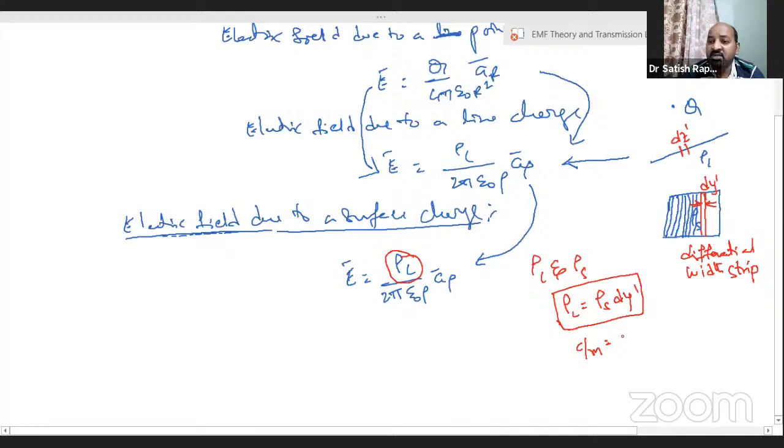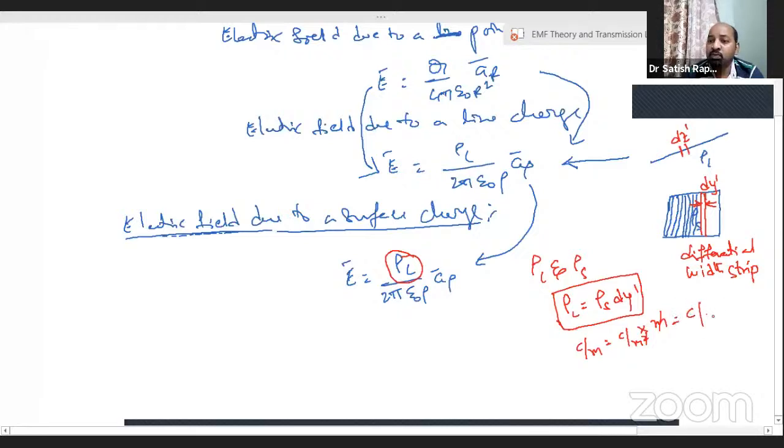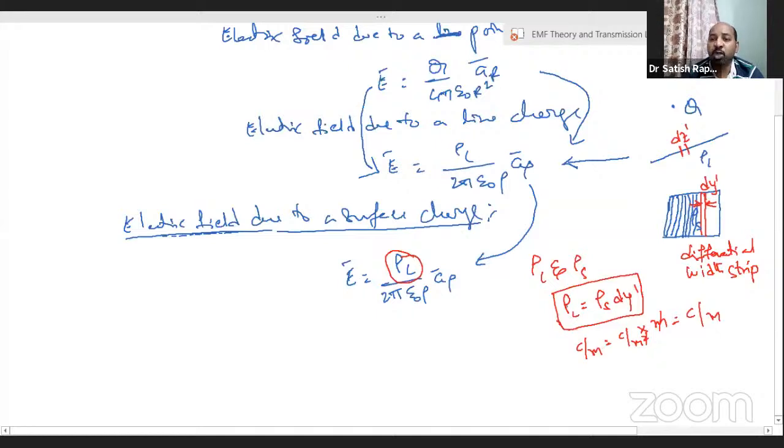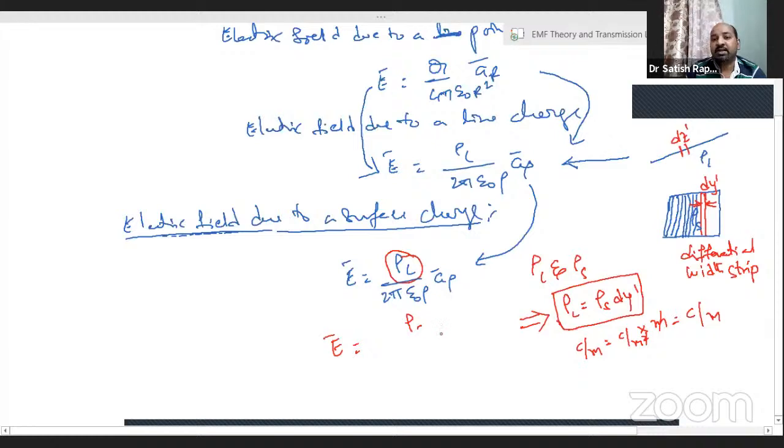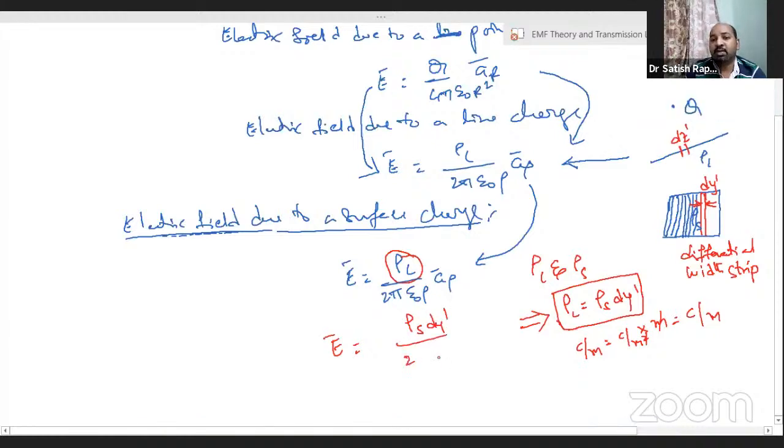Surface charge density is Coulomb per meter square, and dy dash is width, in meters. So meter and meter square will cancel, and we get Coulomb per meter, which is equal to rho L. Therefore, rho L is equal to rho S dy dash, and electric field will become rho S divided by 2 pi epsilon naught rho aero bar.